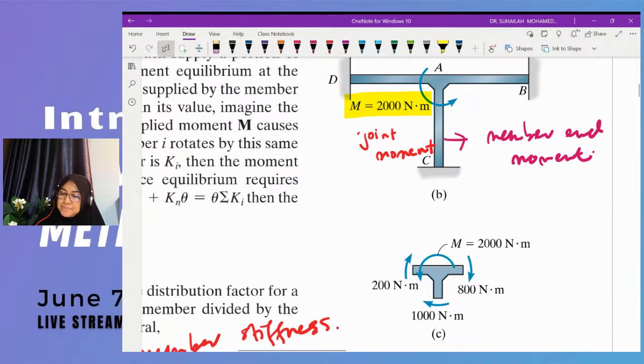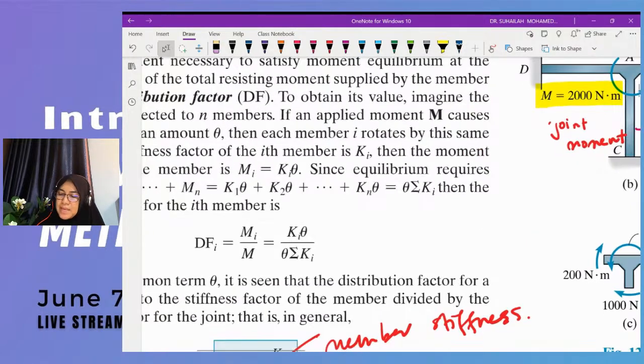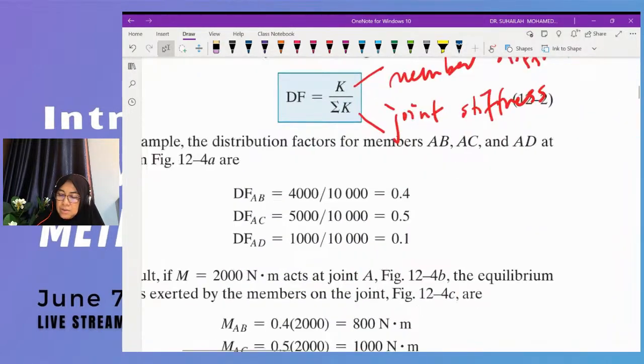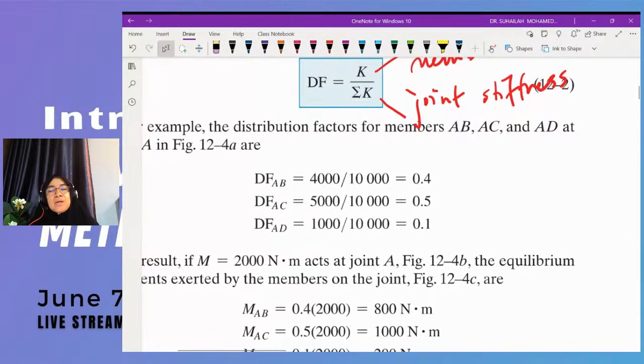Okay. So the process is, number one, we have to determine the distribution factor. As I mentioned earlier, we get it from K divided by total K. So for AB, it is 4,000 divided by total 10,000, we get 0.4. For AC, it is 5,000 divided by 10,000, it is 0.5.